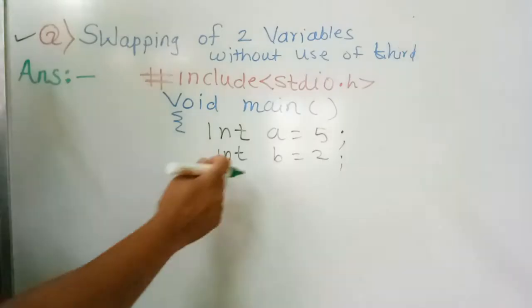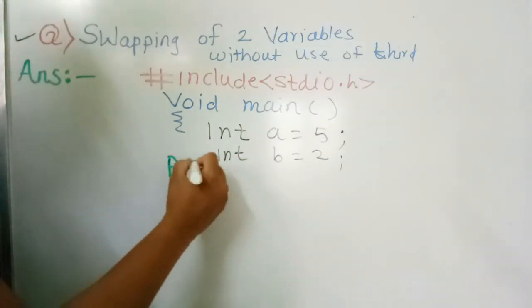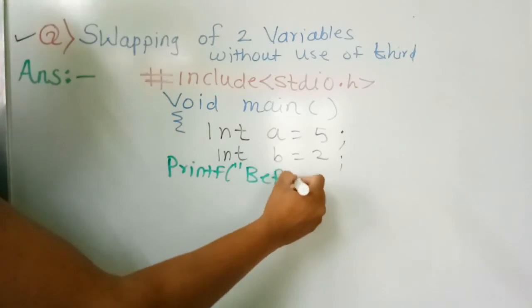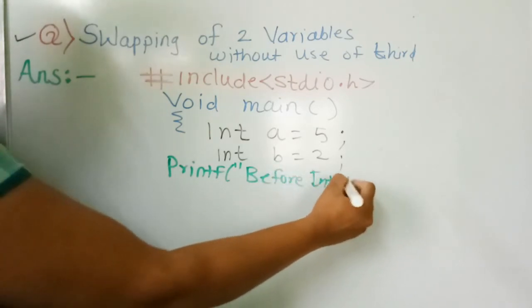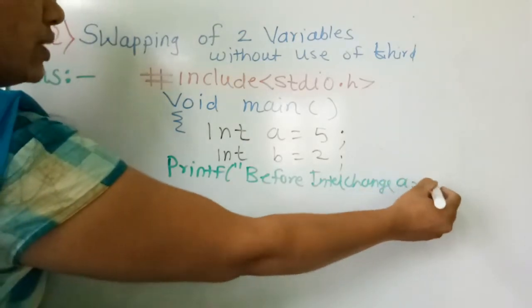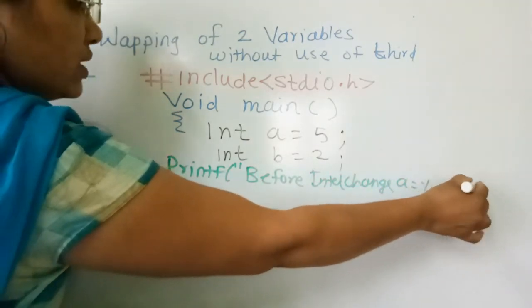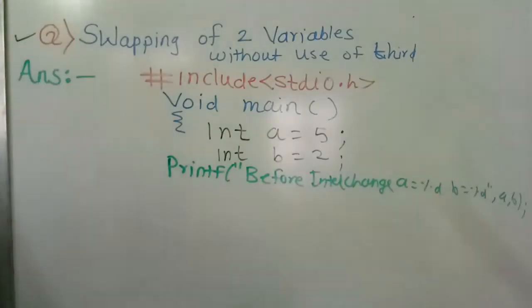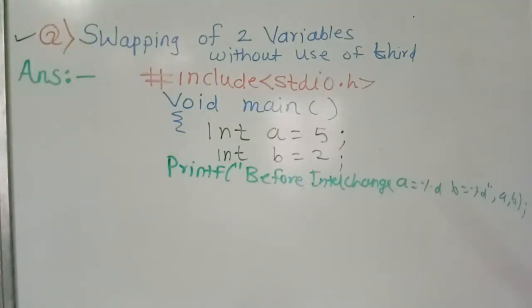Firstly, we will print the values of these two variables, before interchange. a equals to %d, b equals to %d, and we will write these values. So these values are displayed to the user as the values before interchanging.